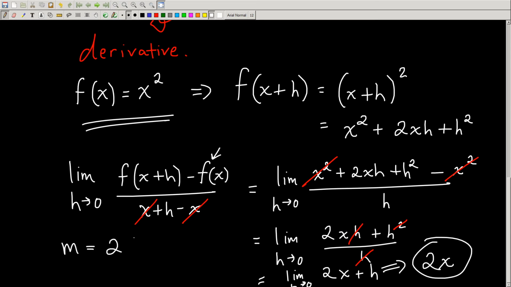So the slope at x equals 2 is 4. If I take x equals 3, the slope at x equals 3 is 2 times 3, which is 6. That is the first principles calculation. All I'm doing is some algebra with limits to determine the derivative as a function at any point on that original curve.